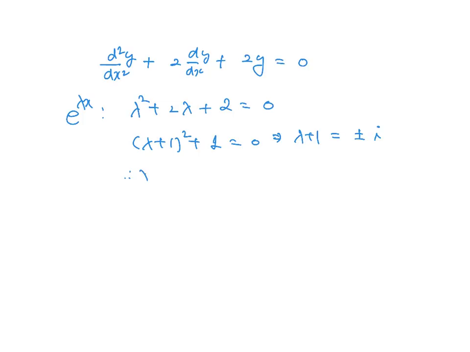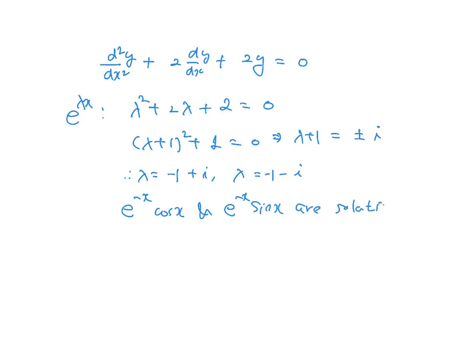So lambda can be minus 1 plus i, or minus 1 minus i. So in this case, exponential minus x cosine x and exponential minus x sine x are solutions.